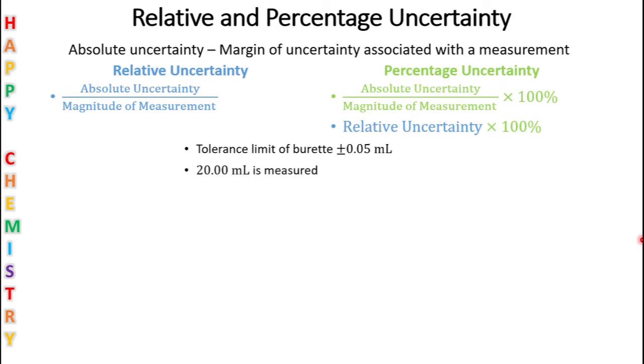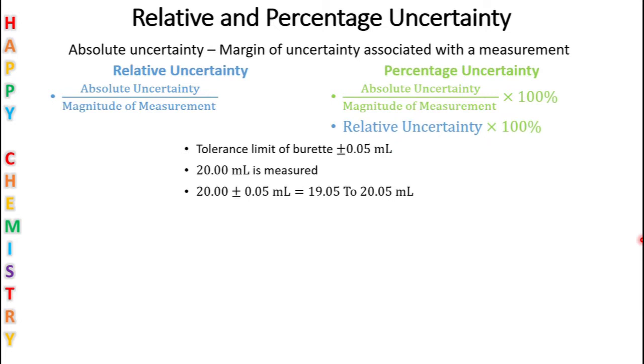Therefore, the delivered volume can vary between 19.05 milliliters to 20.05 milliliters. We will now calculate the relative and percentage uncertainties to represent the associated error in a more quantitative way.